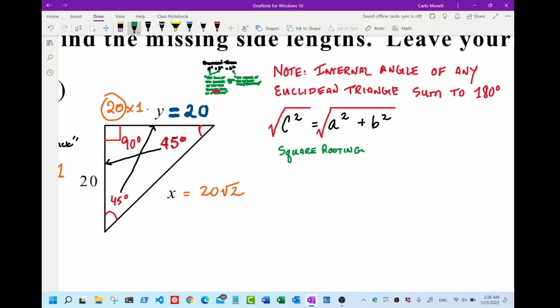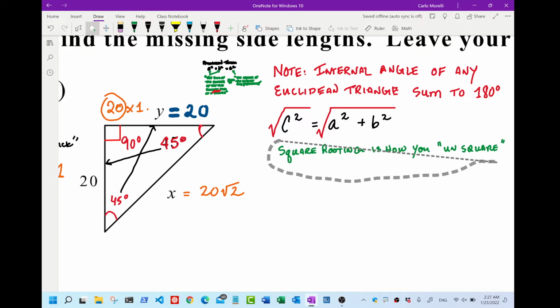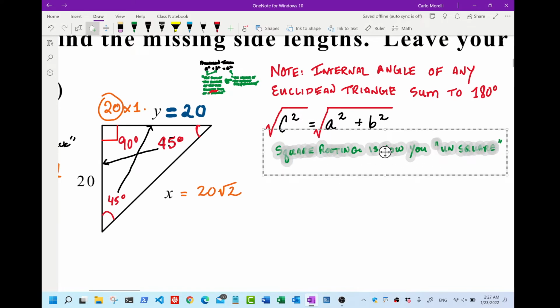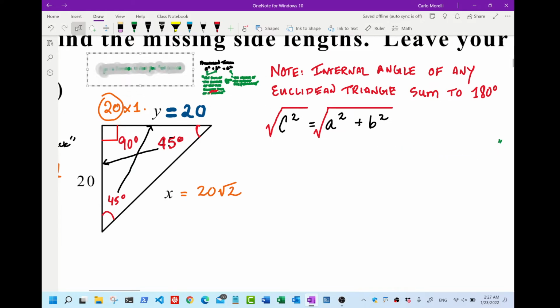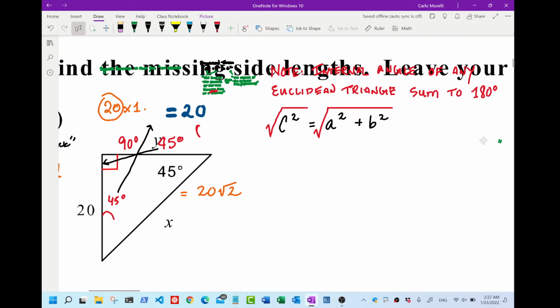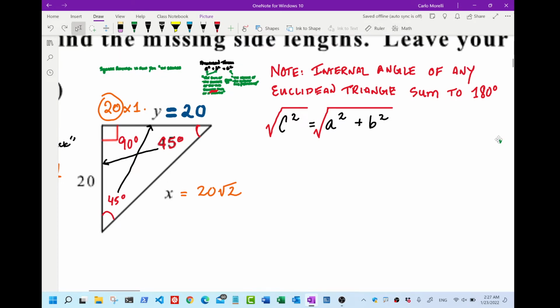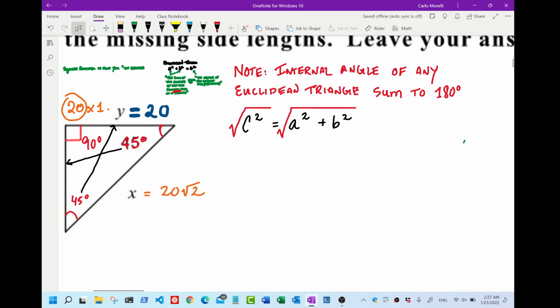Square rooting is how you unsquare. Okay. All right.